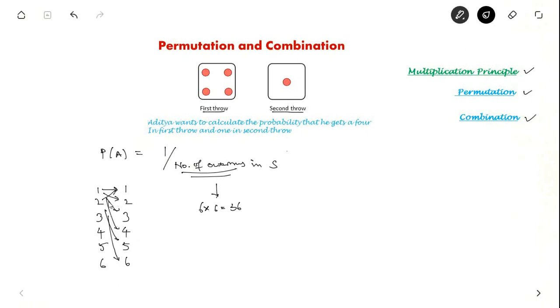Again it will be 2, 1, 2, 2 and so on. So you will get 6 into 6 possibilities, that is 36 possibilities. So the answer will be 1 by 36. You should use the multiplication principle when these are two independent events.